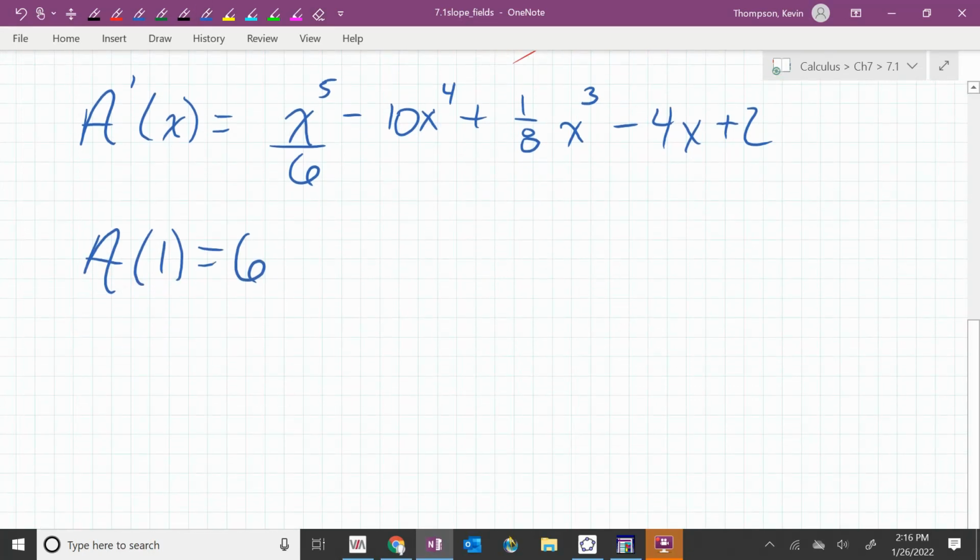So I have a differential equation involving a derivative. I have a point on the original function. Really the antiderivative, I hope, is what you're thinking.